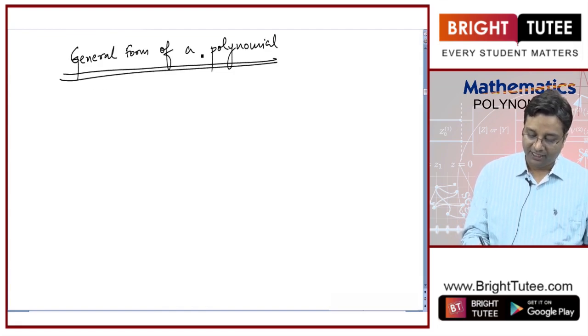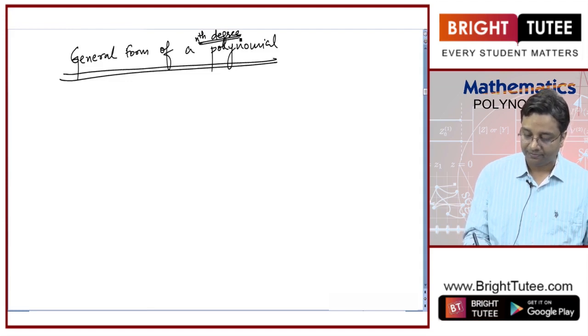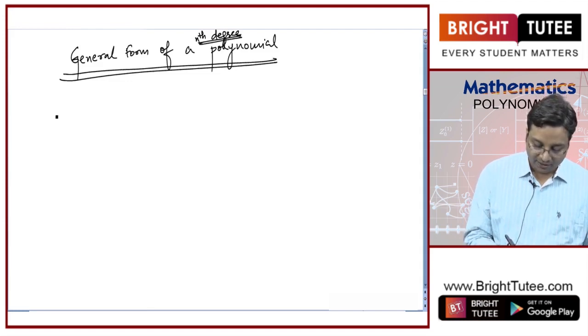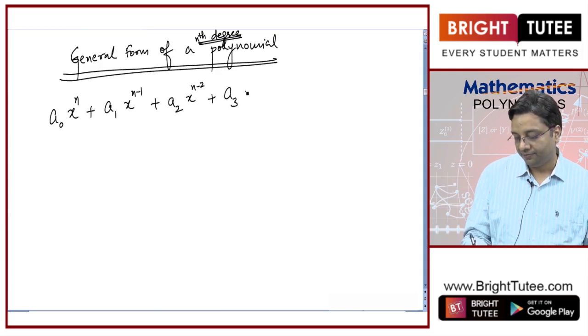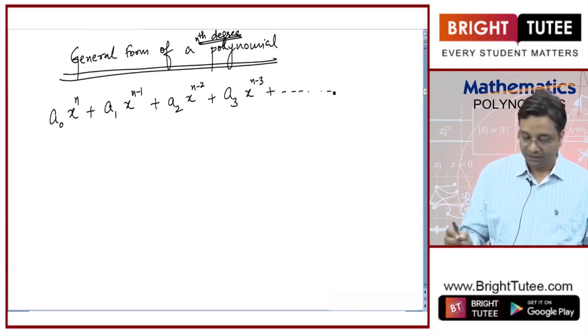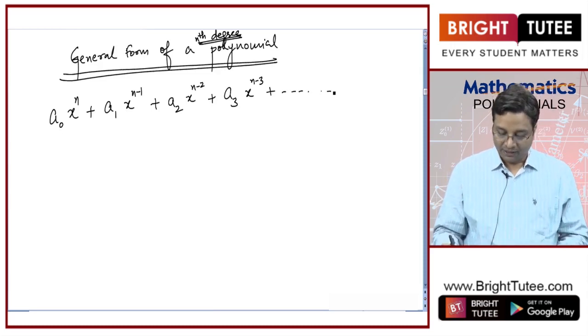And to be very precise, we will have to write the general form of an nth degree polynomial, right. So if I write a naught x raised to power n plus a1 x raised to power n minus 1 plus a2 plus a3 and so on. So you notice that powers of x are decreasing with every term, right?